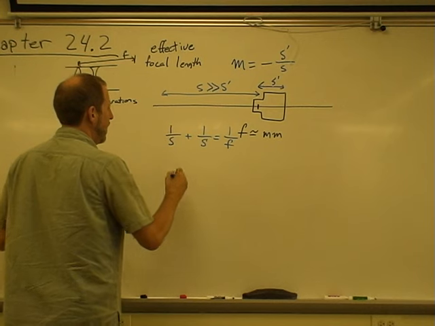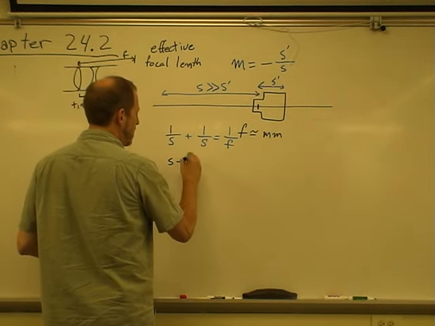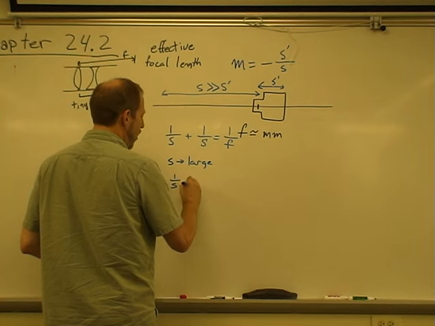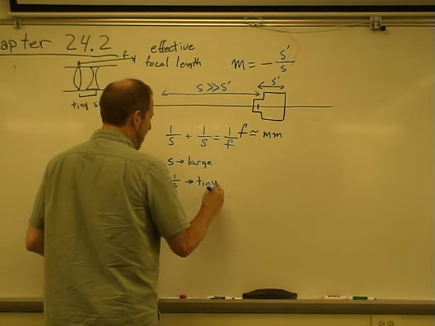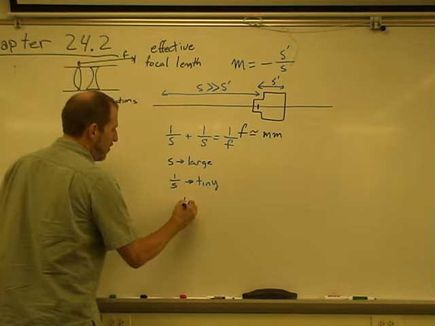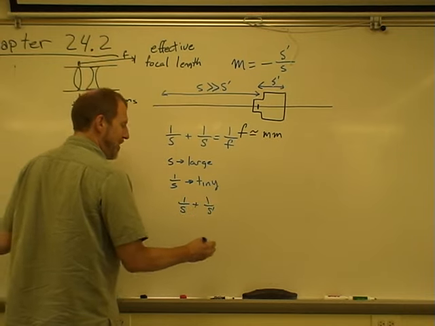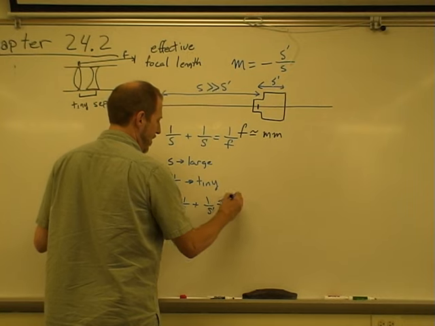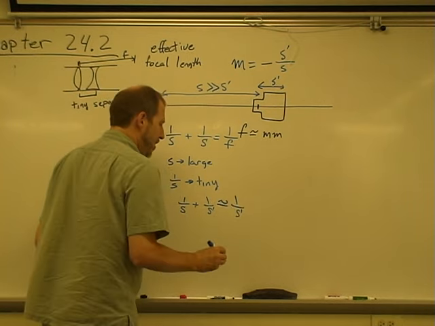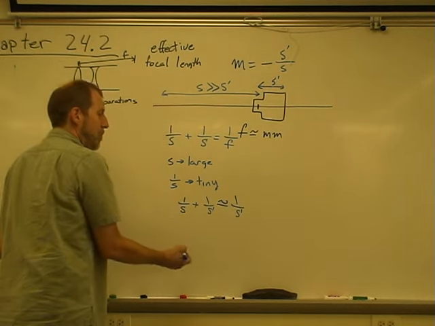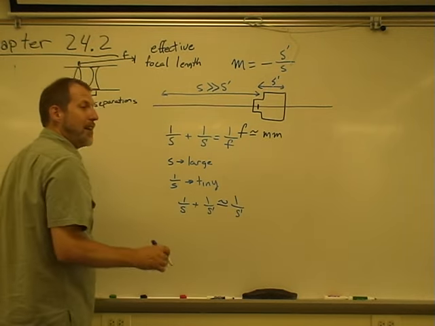But if the image distance is large, then 1 over the image distance is tiny. So a tiny number plus a relatively not tiny number is basically the relatively not tiny number.